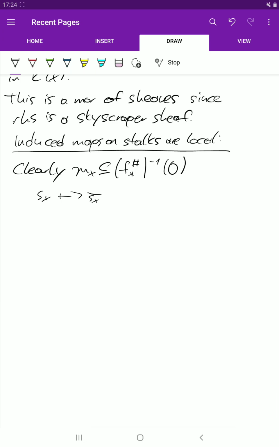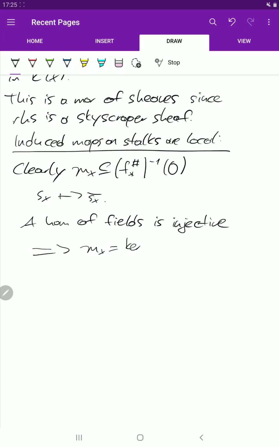But now a homomorphism of fields is injective, and so we get that m_x is actually equal to the kernel of this map.